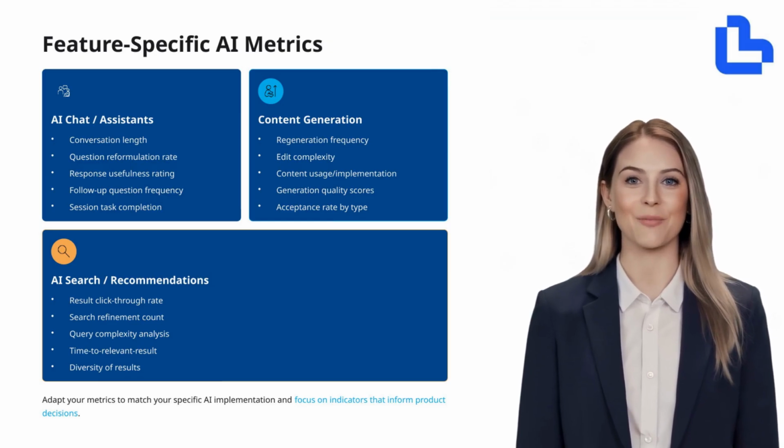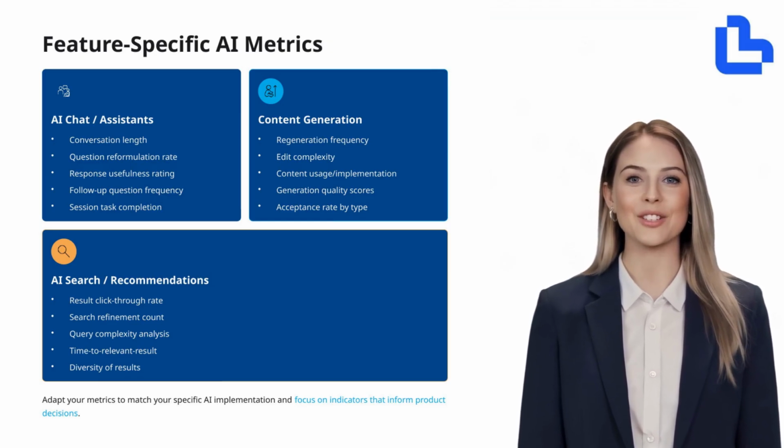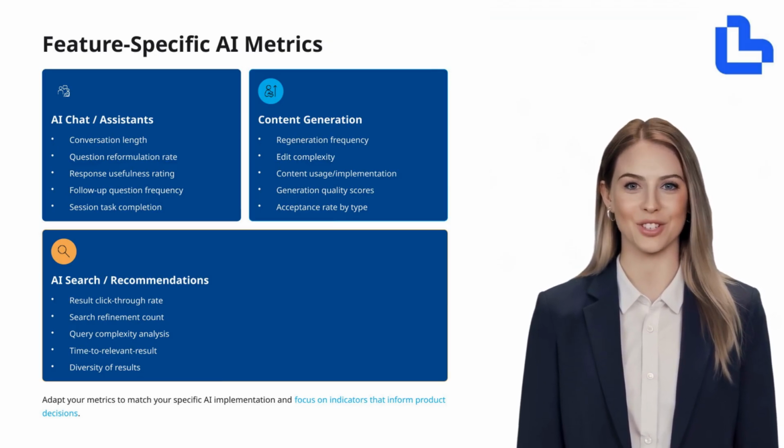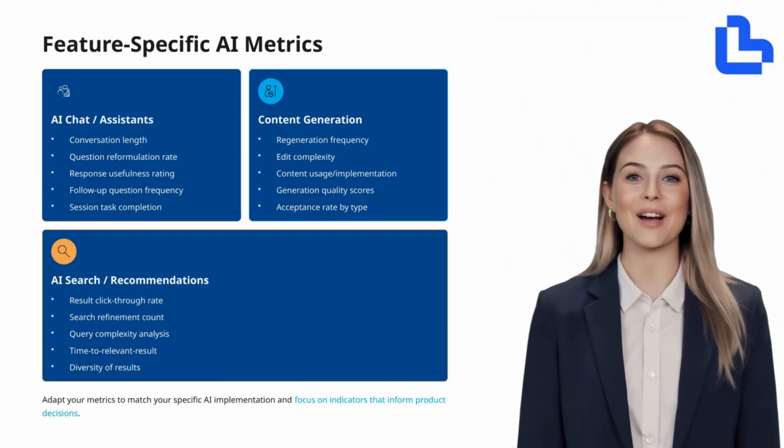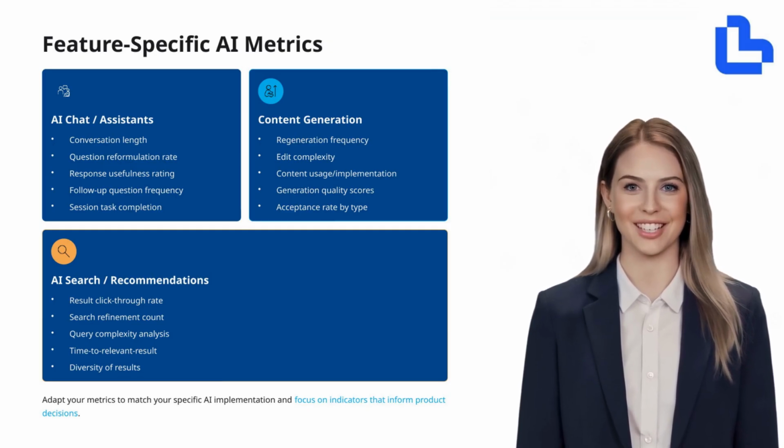For AI search and recommendation systems, focus on result click-through rates, search refinement counts, and query complexity analysis. Time to relevant result is a critical metric here, along with diversity of results. These help you evaluate whether users are finding what they need quickly and efficiently.